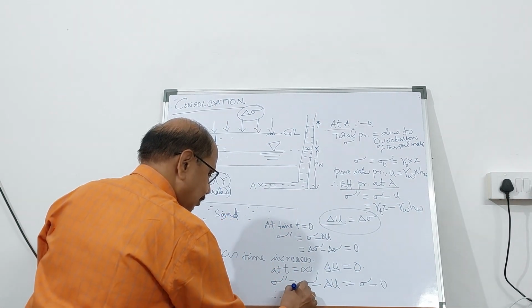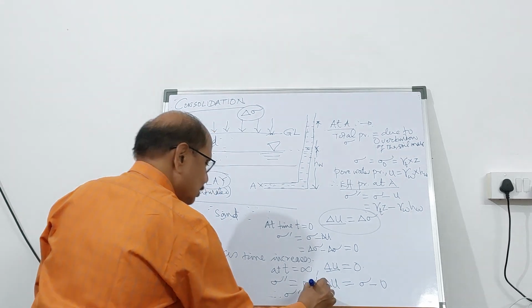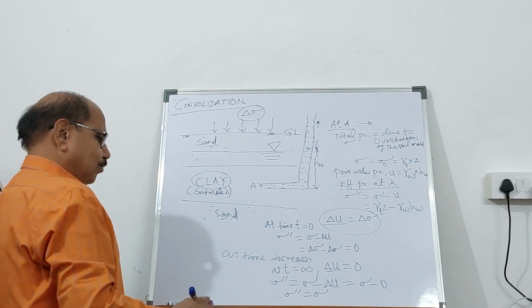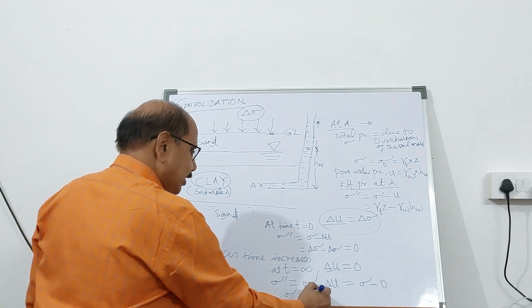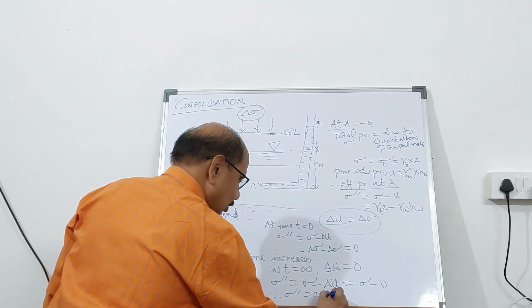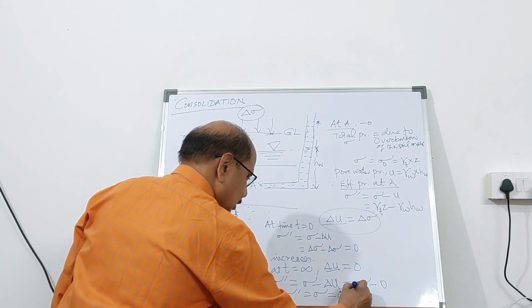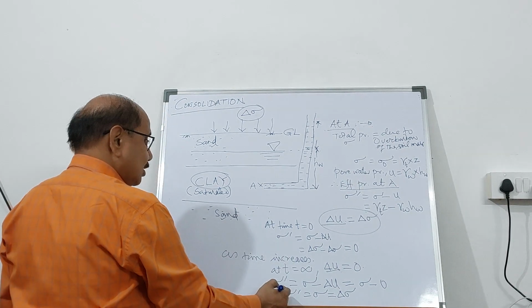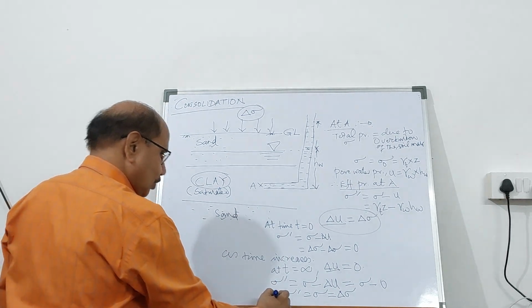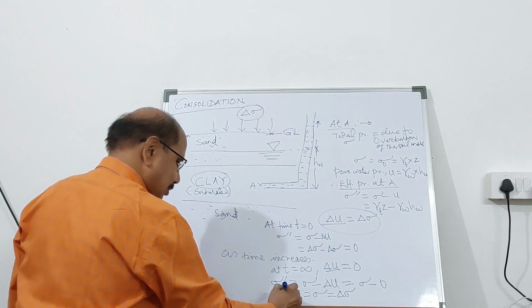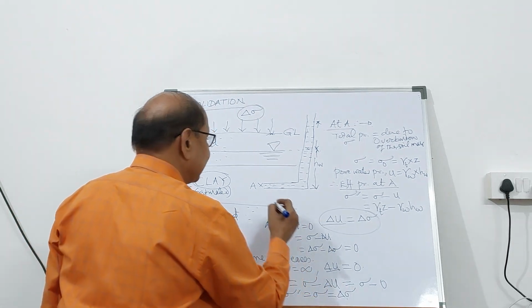So sigma prime equals sigma, which is equal to delta sigma. So the increase in effective pressure, delta sigma prime, equals delta sigma.